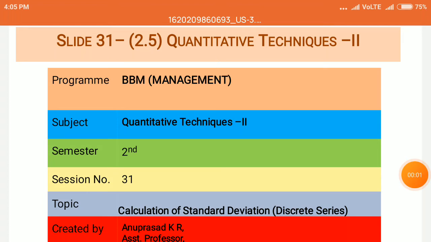Let us understand clearly how to solve the problem on standard deviation for a discrete series. Already, you know that there are two methods of calculating standard deviation in an individual observation, discrete series or a continuous series. They are deviation taken from actual mean and deviation taken from assumed mean or shortcut method.